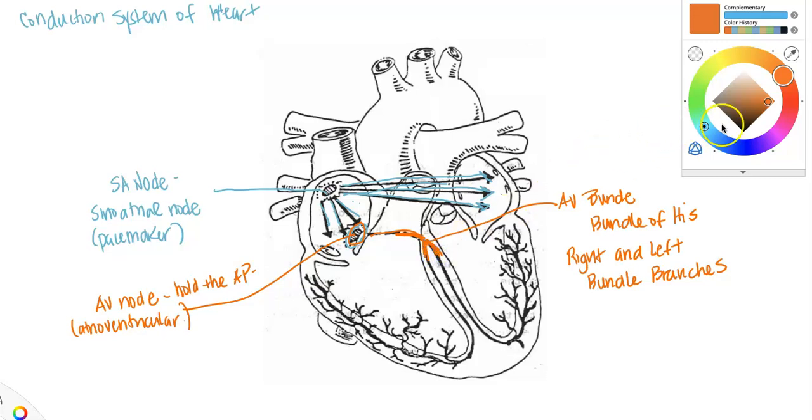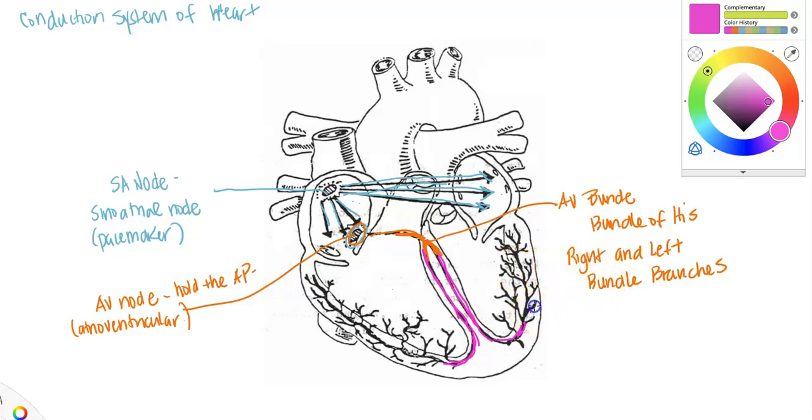So it splits, and those branches come down. They travel down the interventricular septum, these two branches here. And then the right one goes toward the wall of the right ventricle, and the left side goes to the left wall of the left ventricle.